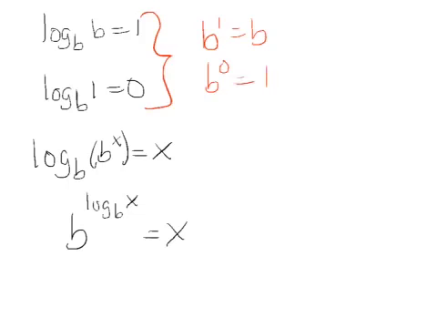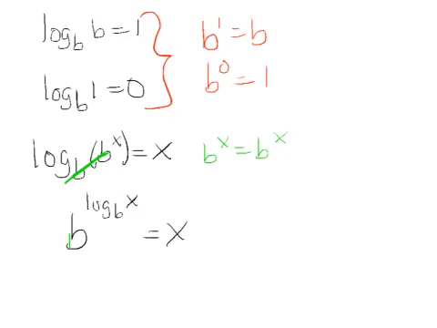I think the other two are a little less obvious, because if you think about it, b to the x would equal b to the x. In other words, these kind of cancel out.